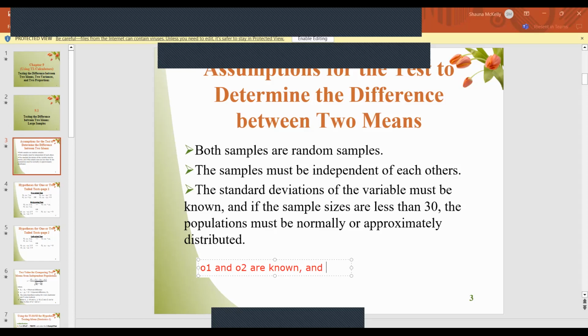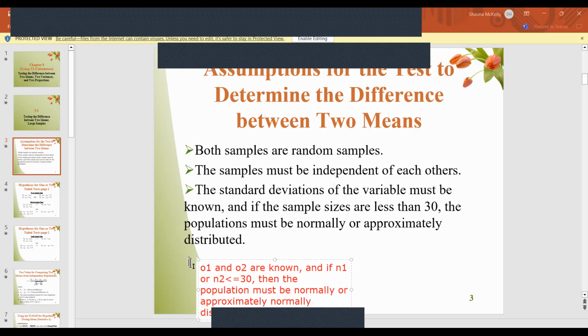And if N1 or N2 is less than or equal to 30, then the population must be normally or approximately normally distributed.